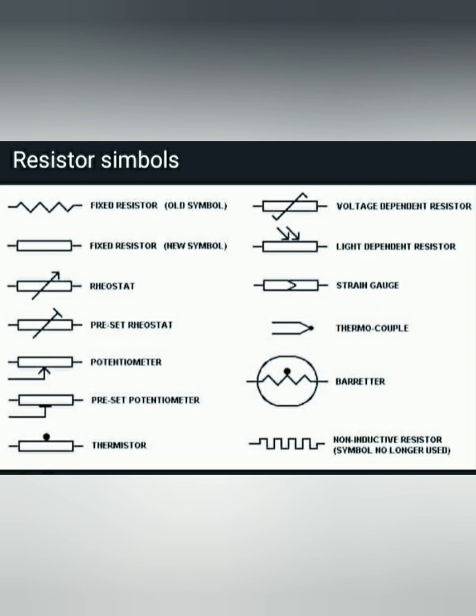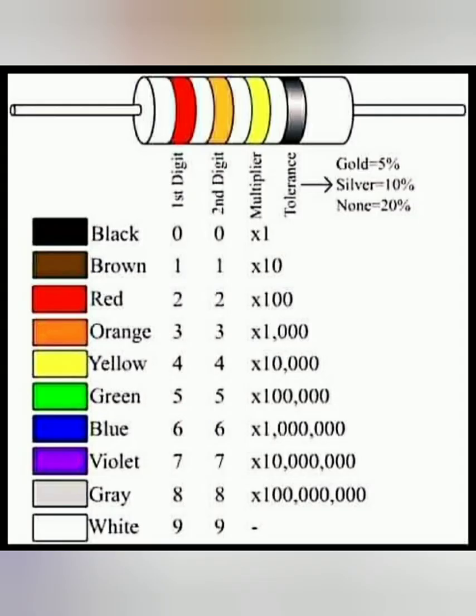Then the light dependent resistor, in which the amount of light getting into the resistor affects the resistance. Then the fixed resistor is the normally used resistor. Then thermocouple, in the sense, acts according to the heat. Then thermistor also works the same way. These kinds of resistors are used in our electrical and electronics.